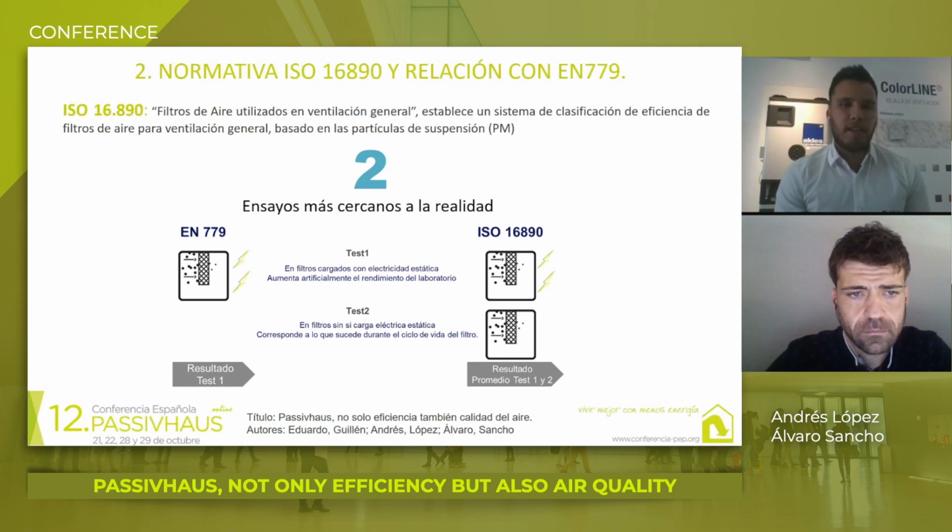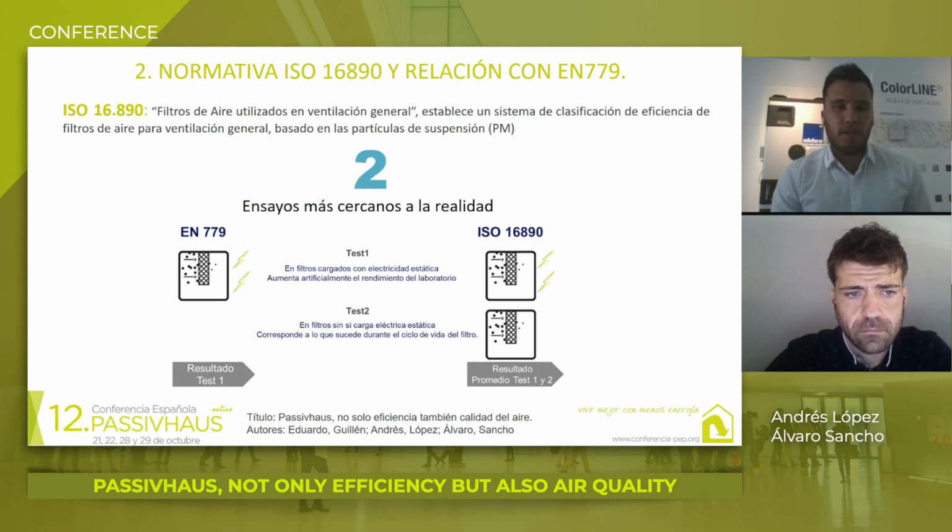If we compare this with the previous European regulation, EN 779, for testing filters, in those cases, a test was performed with electrically charged filters to increase filter performance. So we're talking about laboratory values.